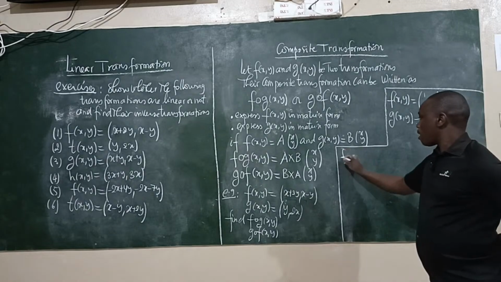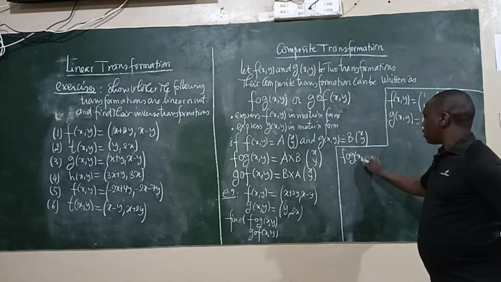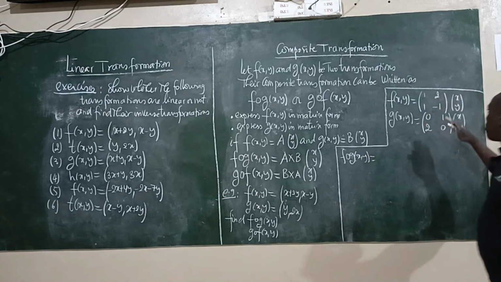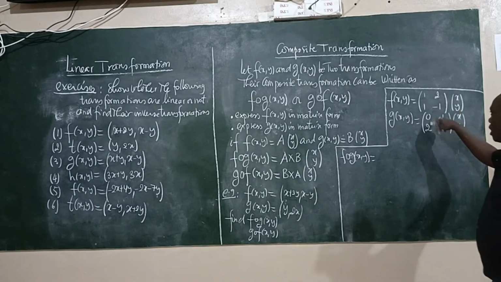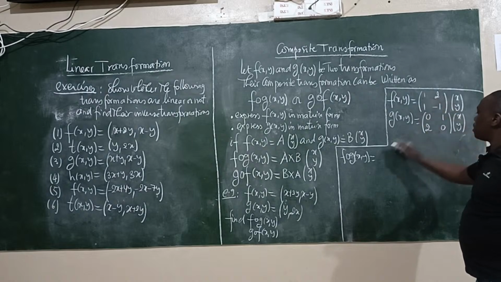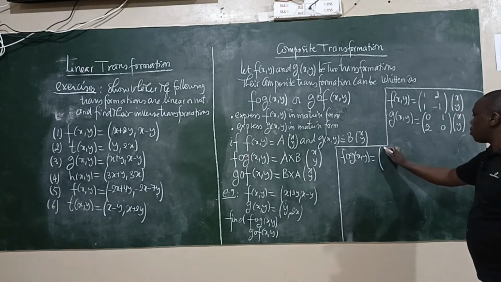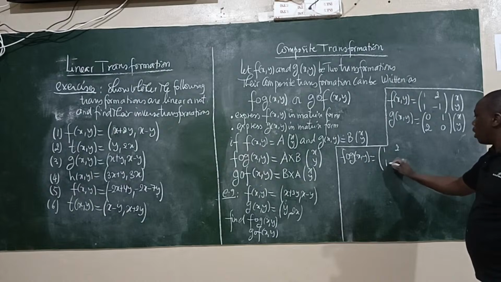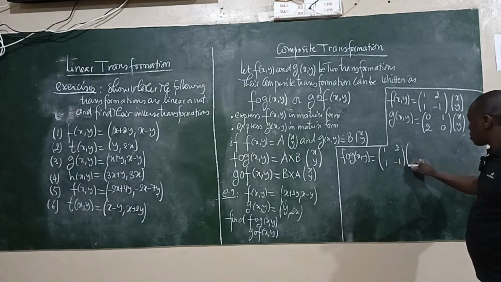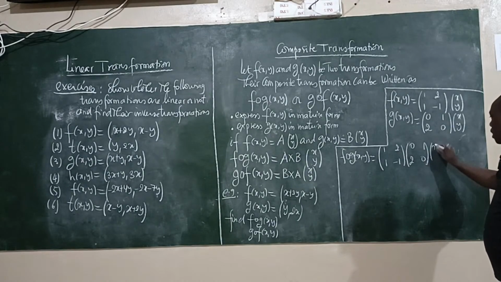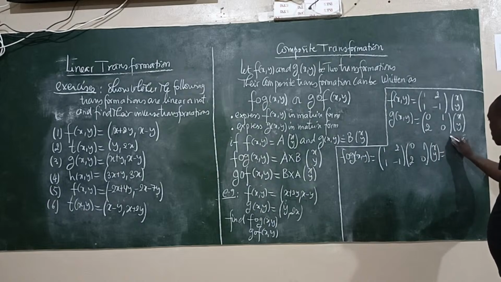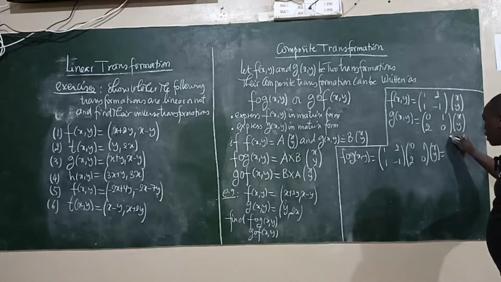Here, f∘g(x, y) will be given by the product of these two matrices. The matrix for f is the first one: 1, 2, 1, -1 times 0, 1, 2, 0, and then times (x, y). What is this, guys?